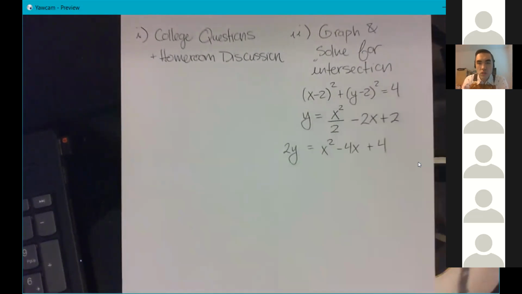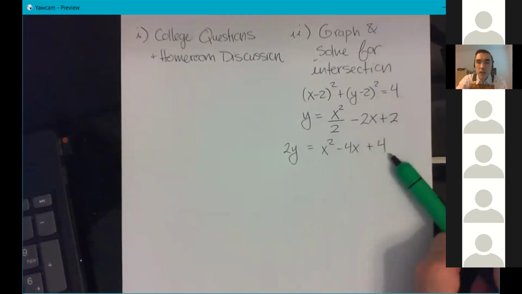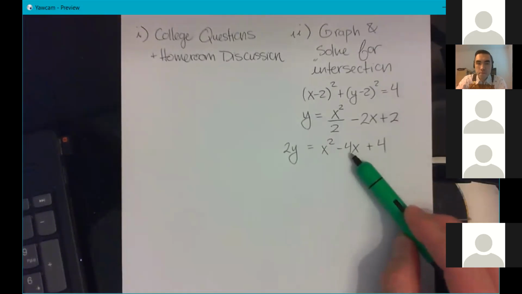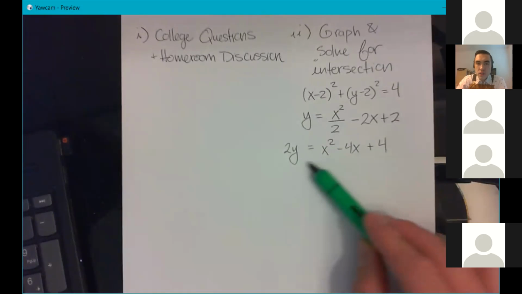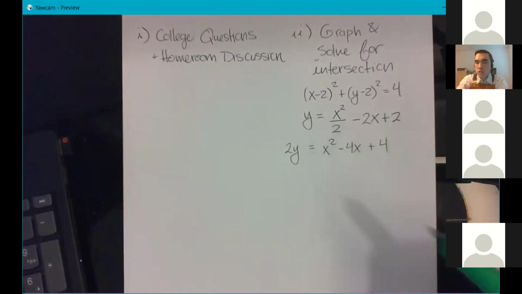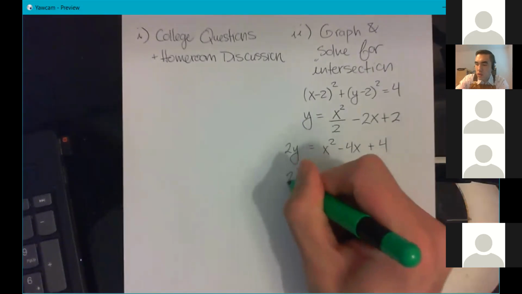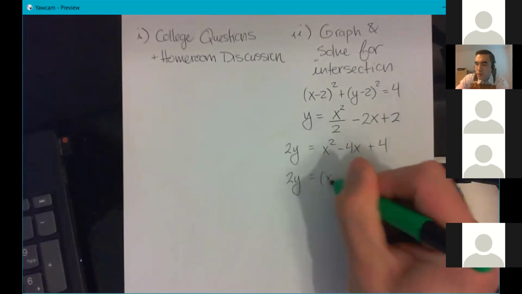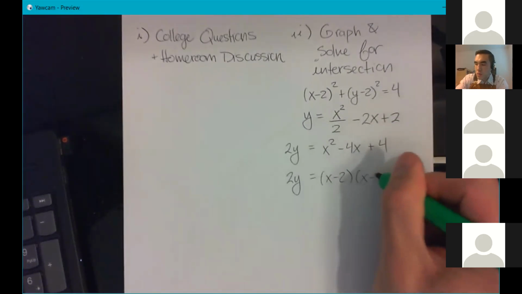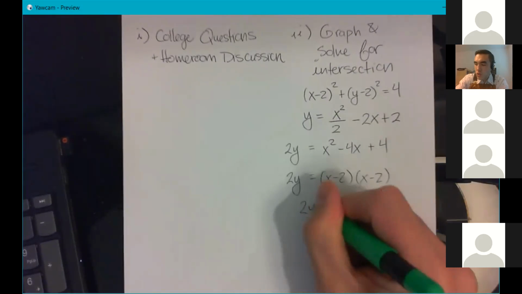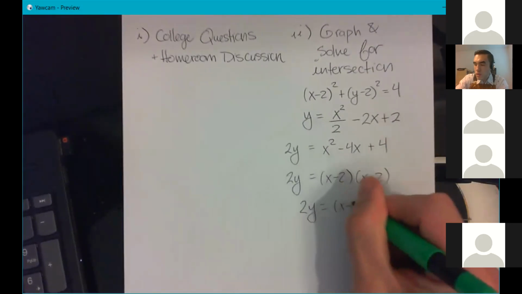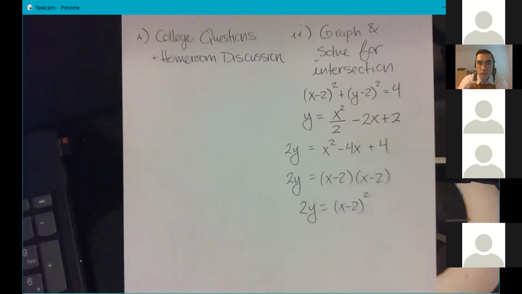What does this factor into? I need 2 numbers which multiply to +4 that add up to -4. -2, -2. Yeah, notice this is x minus 2 quantity squared. So this is to say that 2y is equal to x minus 2 times x minus 2, which is to say 2y is equal to x minus 2 quantity squared.